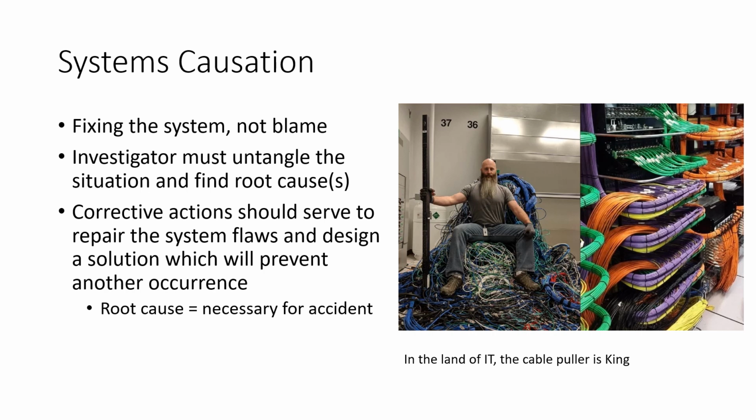And then when we're looking at corrective actions, they should repair the system flaws and design a solution which will prevent another occurrence. That is one of the struggles that we run into, is root cause is necessary for the accident, so therefore you have to solve the root cause. But a lot of corrective actions focus on the first half of that statement.